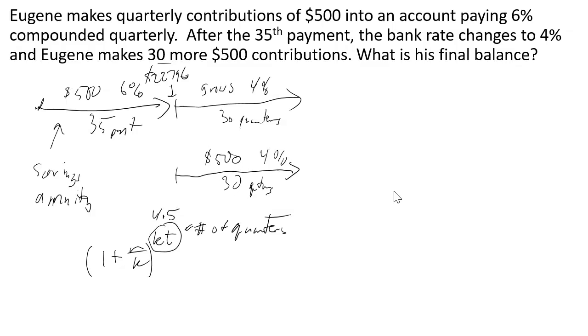That's already in the account. Now remember, that amount of money is now going to grow at 4% for the next 30 quarters. This is just plain old compound interest. So now we're going to use this amount, the $22,796, as the starting amount for compound interest.